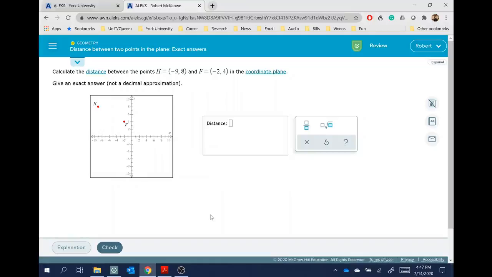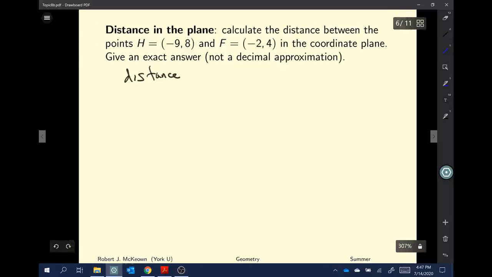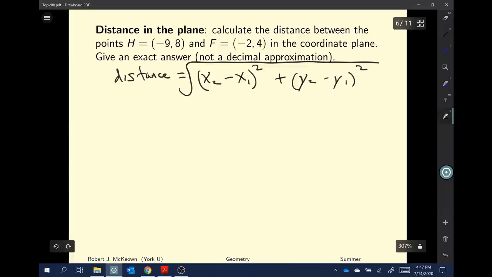So let's take a look at the notes. You're likely already familiar with this expression, and it is something like this. The x distance plus the distance along y, both of which are squared, and then we'll take the square root of the sum of both.